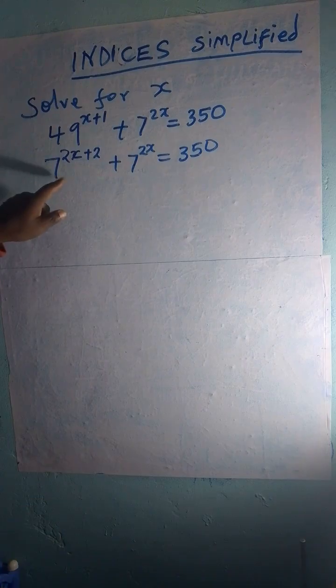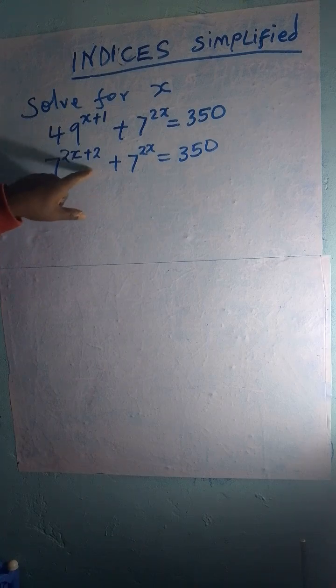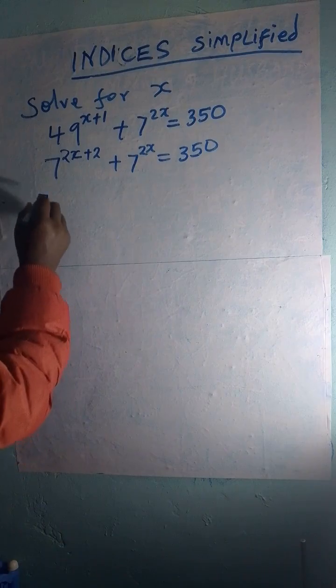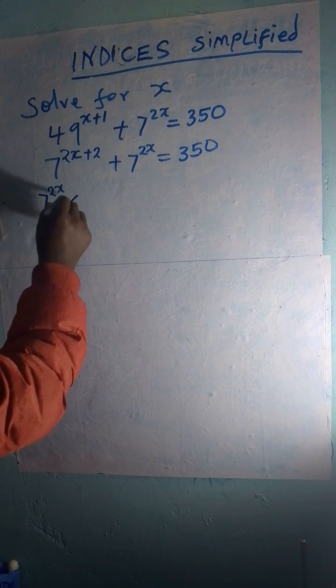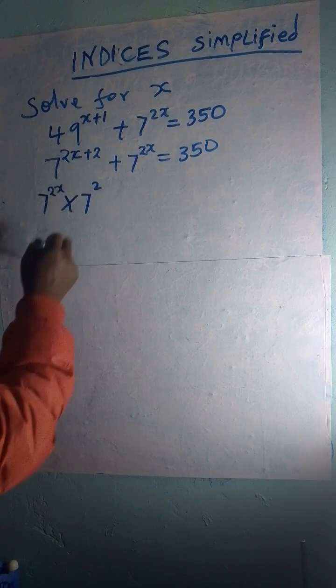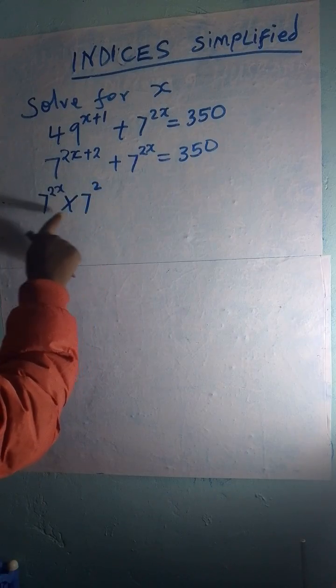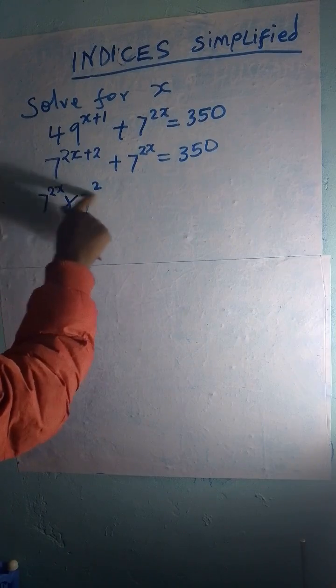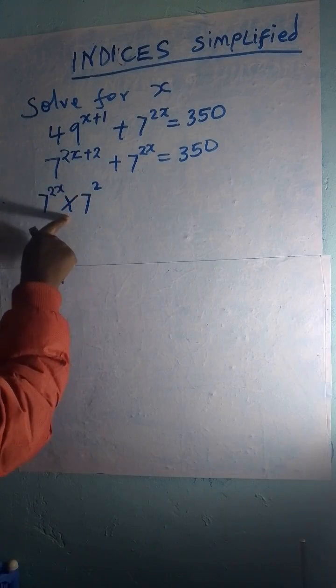Since the bases are the same on this side, you need to understand what this is. This is exactly the same as 7 raised to power 2x times 7 raised to power 2. Because the bases were the same, they took one base, which is 7, and added the powers, because it is multiplication.